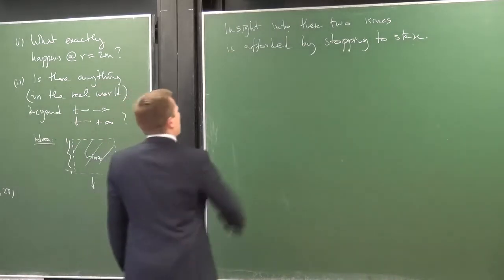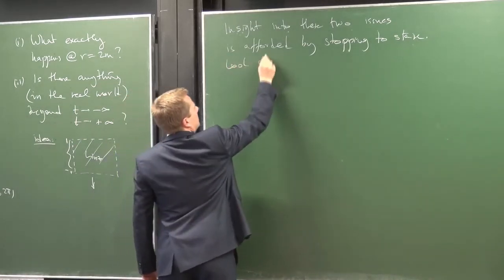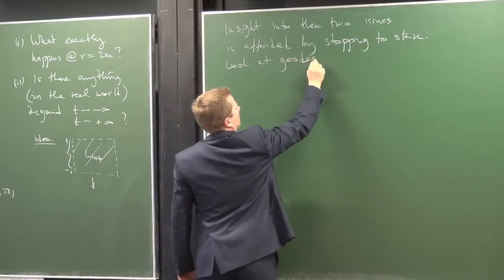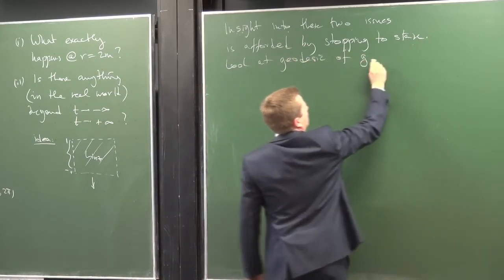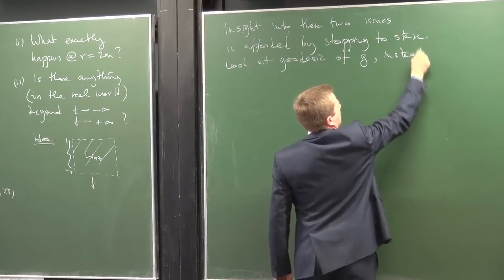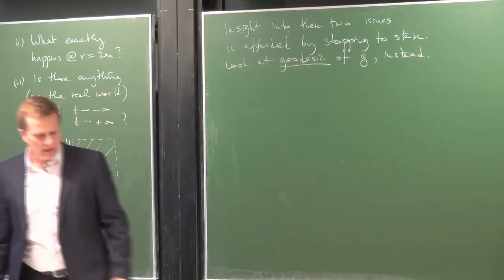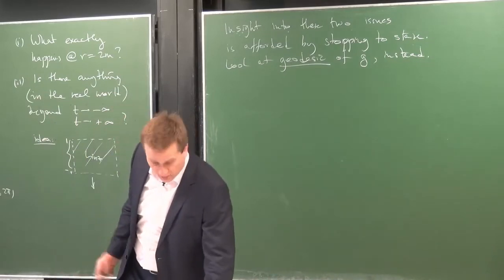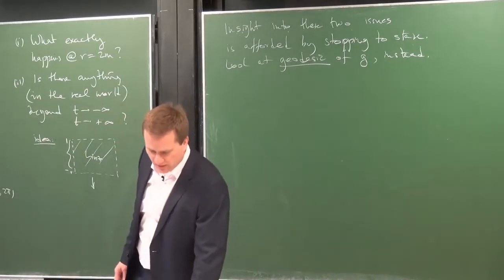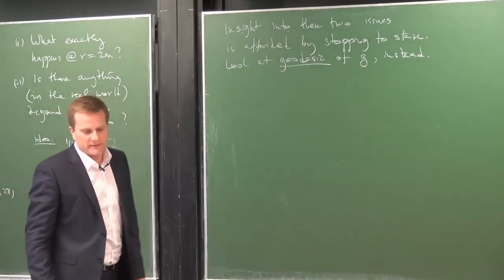Okay? Look at geodesics of g instead, because that's something in the real world. That's how we transcend the coordinates. Although we still work in the coordinates, we look at an object that's not coordinate dependent.